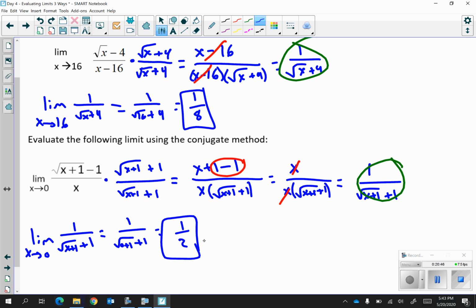If you can't factor and if you see a radical, try to use the conjugate method. And once you use the factoring or the conjugate method, if substitution doesn't work, then you can resort to the calculator, look at the graph, and try to figure out, does the limit exist here or not? And that's all for this video.